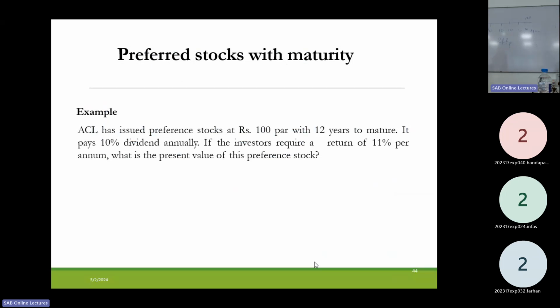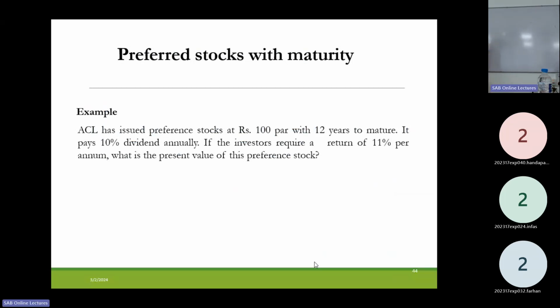It pays a 10% dividend annually, so you get dividends per annum. If investors require a return of 11% per annum, what is the intrinsic value of these preference shares?